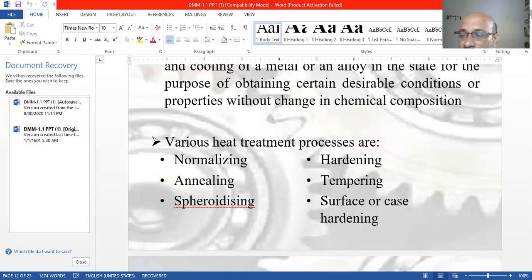Next, another one is tempering. So what is tempering? For tempering, the steel is hardened and rapidly quenched, so it is very hard and brittle.